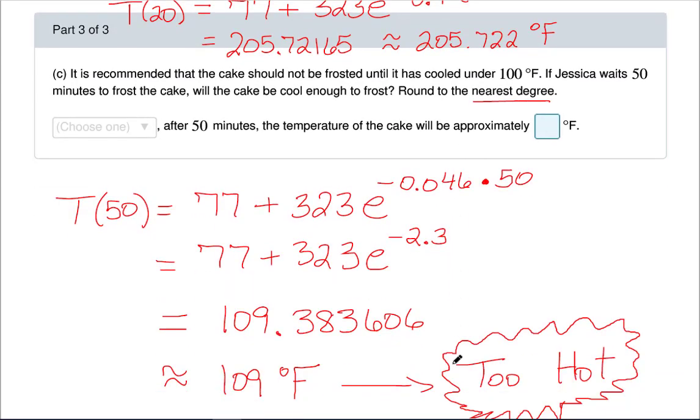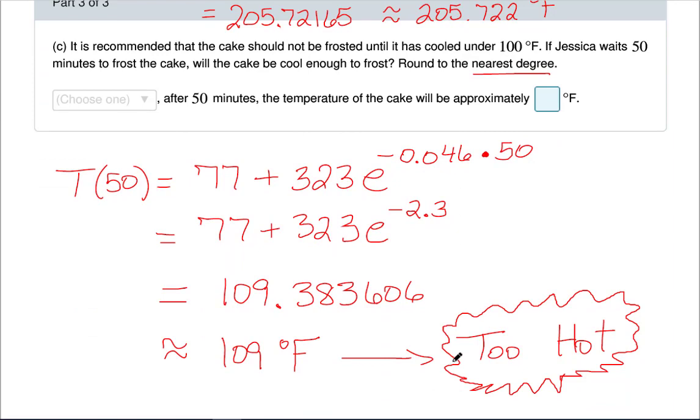All right, so in our last case, let's see. We would like to figure out if after 50 minutes it has cooled down to 100 degrees or not. Because according to the recipe, it has to be there before we can put the icing or frosting on the top. So again, let me make our graph. We start off, comes out of the oven at 400.